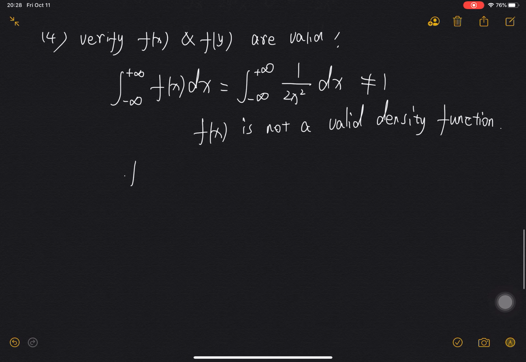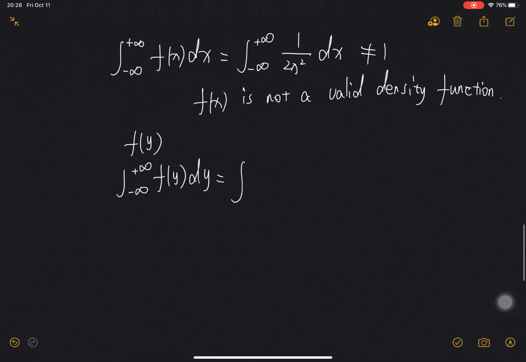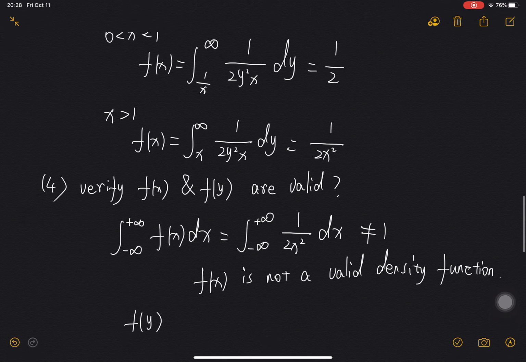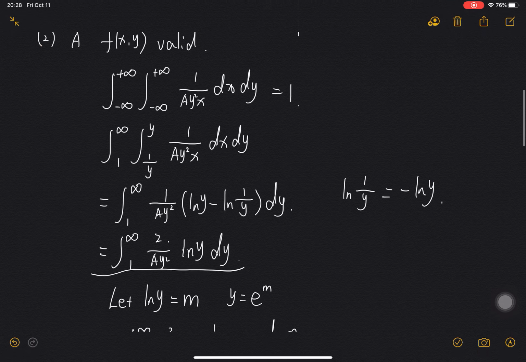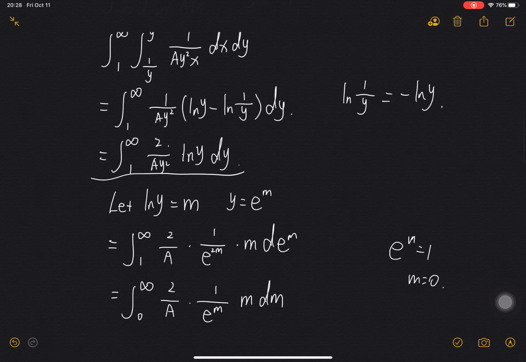And for f_Y, we have seen this part somewhere else, right? So let's go find this y, which is right here.